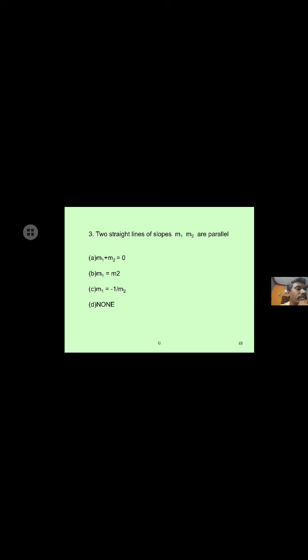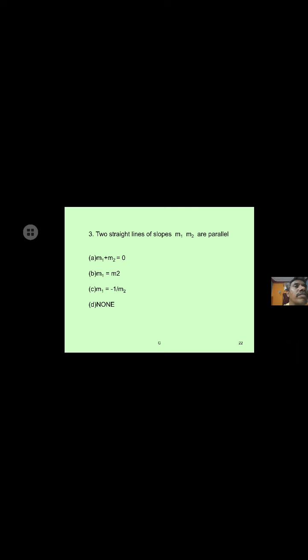Then if we calculate the slope of the first line, we already know m equals to minus a by b. That means here the a value is 3 and the b value is 4. So according to the general equation slope formula, minus a by b, we get m equals to minus 3 by 4.